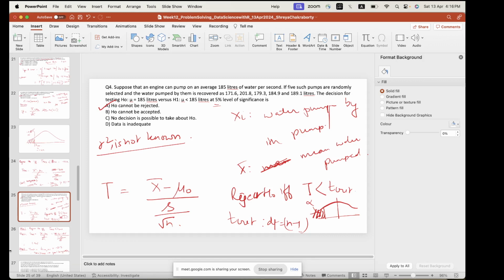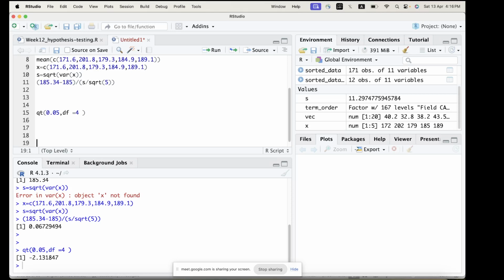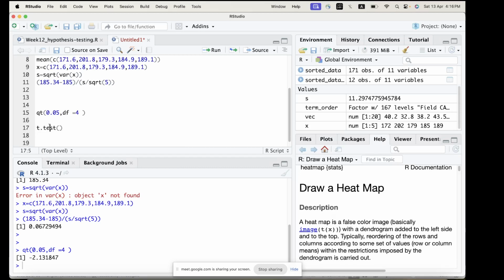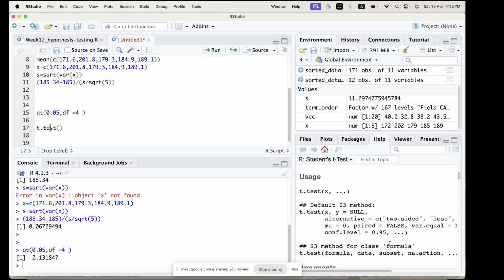So now if the same thing I wanted to do in R, then I would have conducted a t dot test. Okay, so t dot test will perform a student's T test.